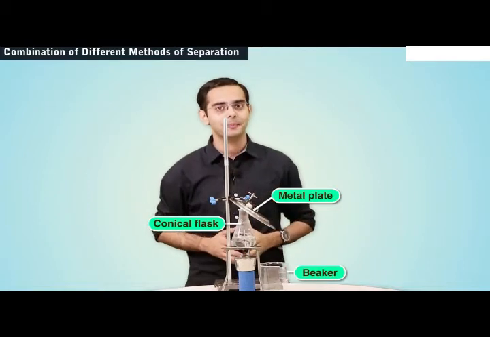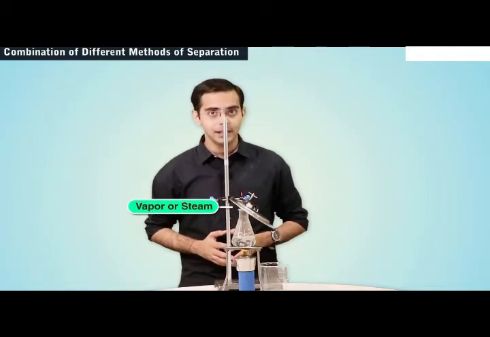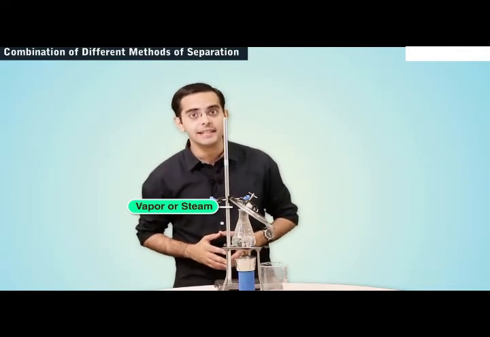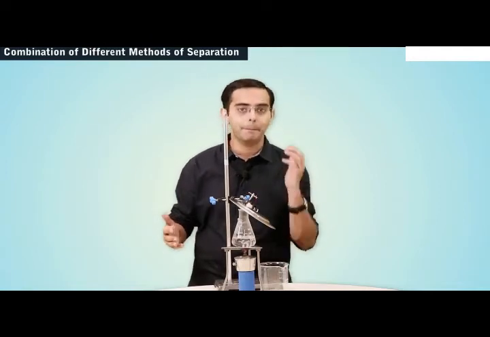So what do you observe here now? Well, the water vapor or steam coming in contact with the cold metallic plate condenses to form liquid water. And this liquid water then begins to fall from the plate into the beaker.